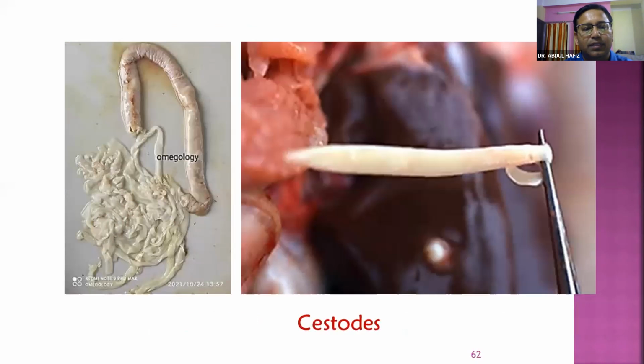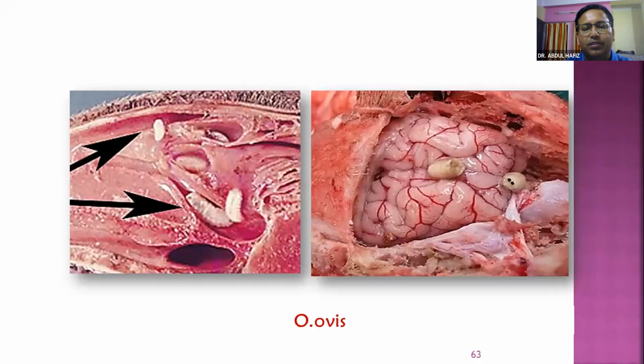This is Cysticercus or cestodes, which generally cause obstruction of the intestine and can cause the death of the animals. This is Oestrus ovis in the nasal septum, and due to this, animals can die.